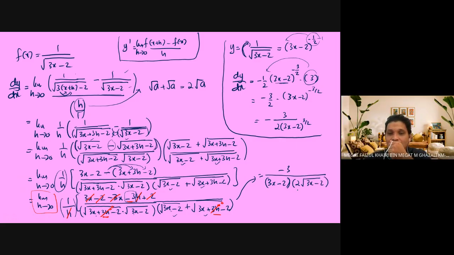Okay, so these two we may bring forward here. Negative 3 divided by 2. And look at this. We got 3x minus 2 power of 1 and 3x minus 2 square root here. Square root means power of half, right?